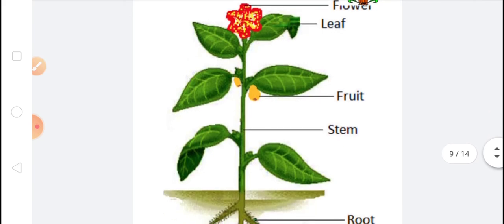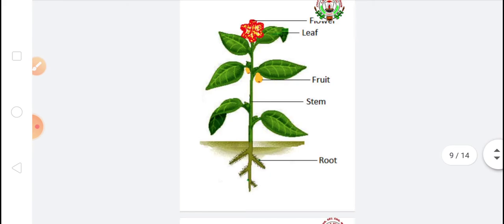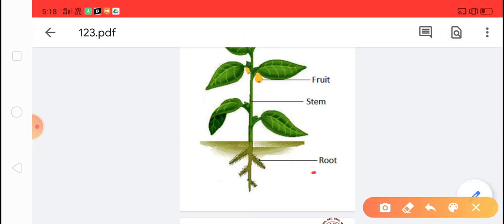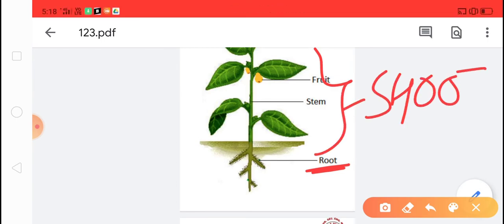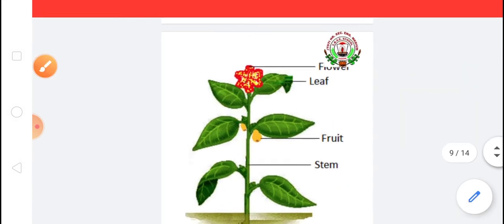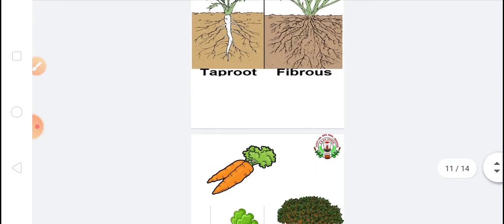Flowering plants have two parts, the root system and the shoot system. The root system is below the ground and the shoot system is above the ground. We have studied different types of roots, tap root and fibrous root.